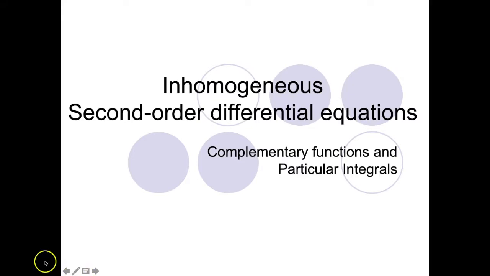That is, I showed you how to solve the differential equation of the form a d squared y on dx squared plus b dy on dx plus cy equals 0.